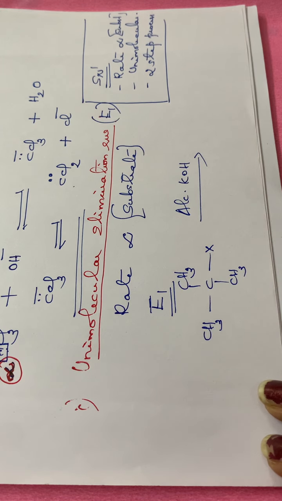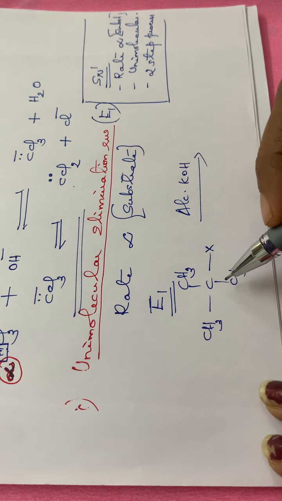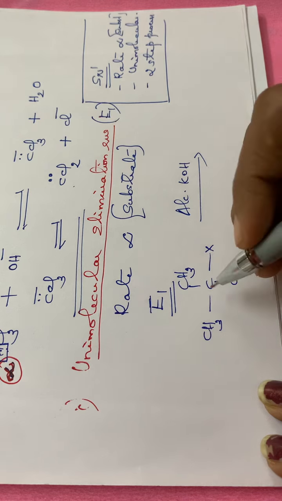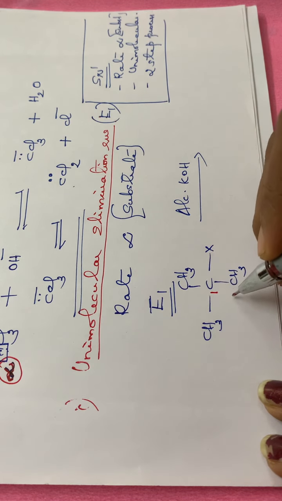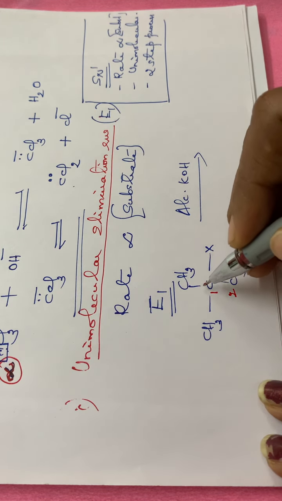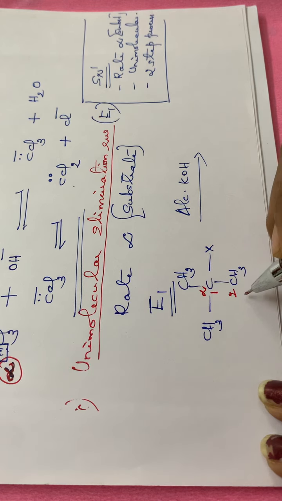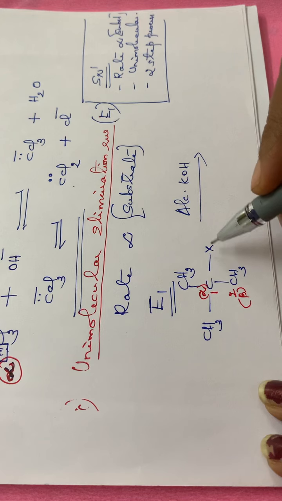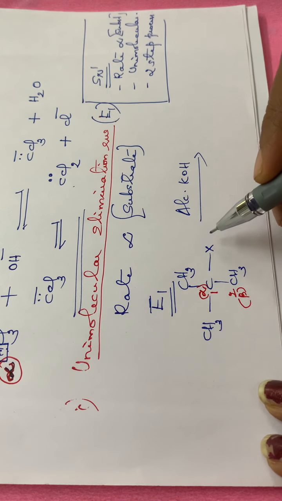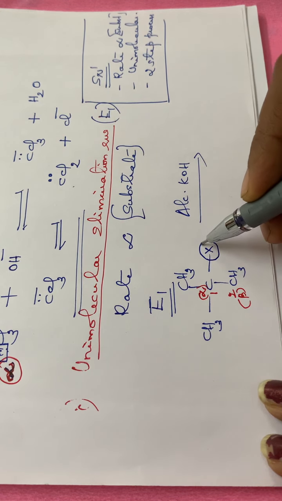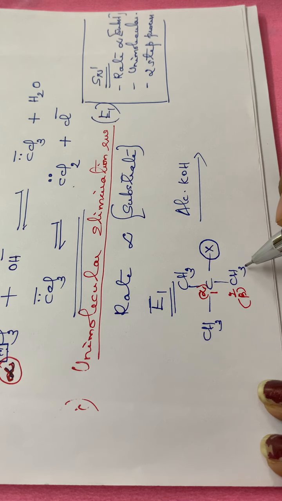Here one hydrogen atom and one halogen atom will be eliminated, and the elimination takes place from two adjacent carbon atoms. Let it be this carbon atom 1 and this carbon atom 2, or this carbon alpha and this carbon beta. From the first carbon atom the halogen will be eliminated, and from the second carbon atom one hydrogen will be eliminated.